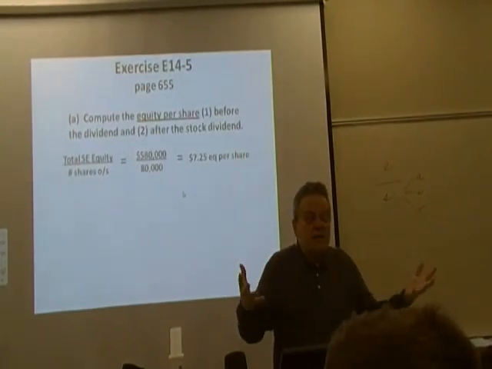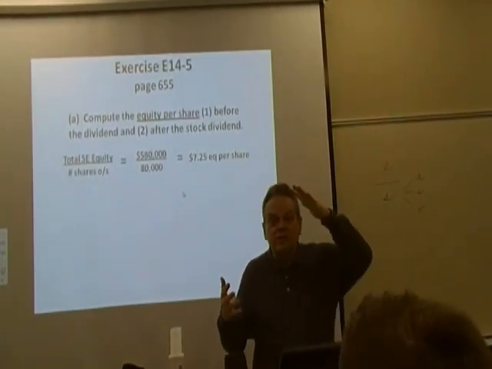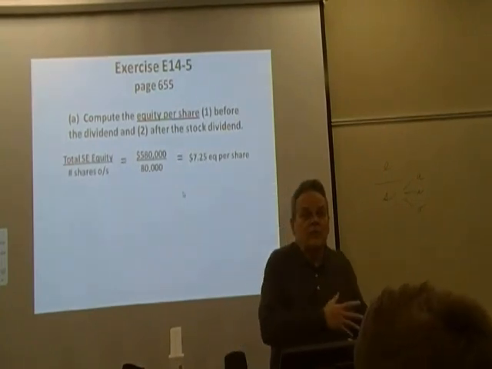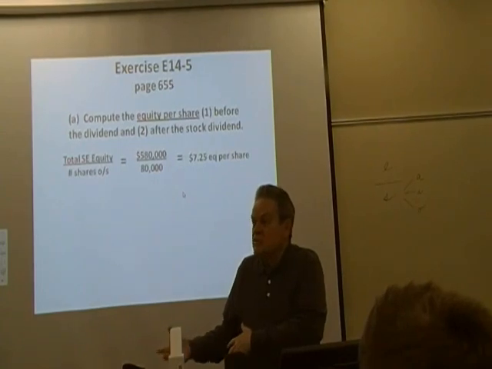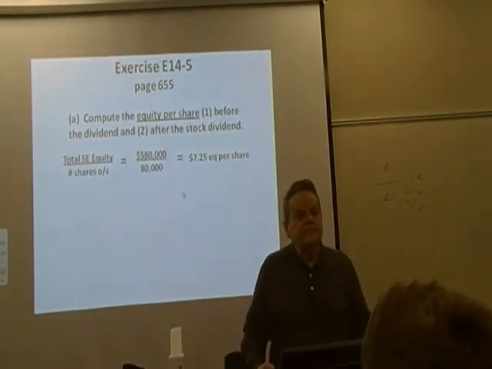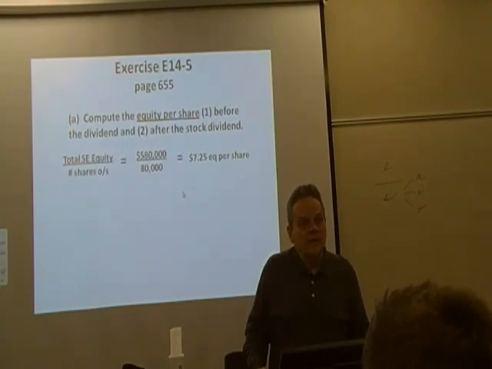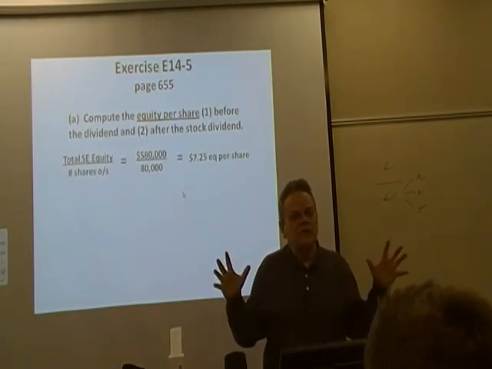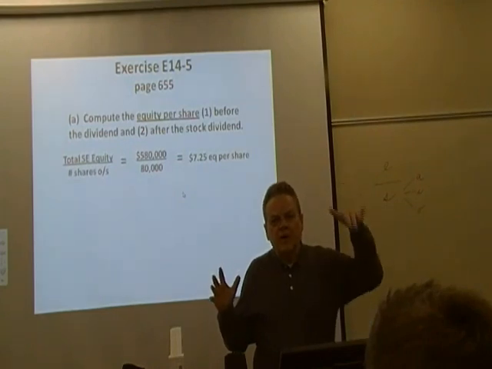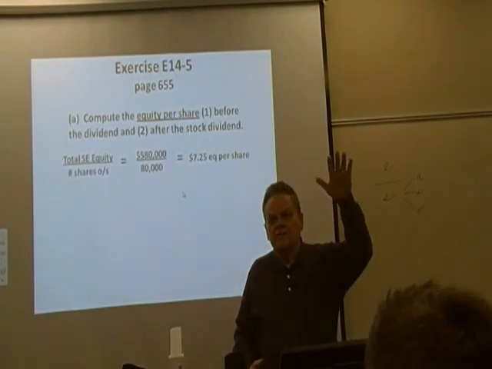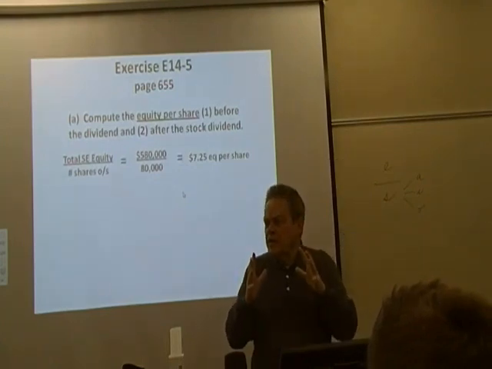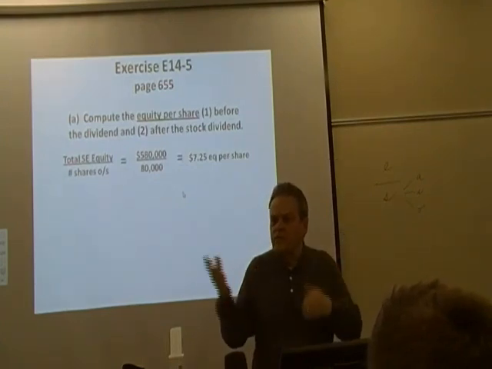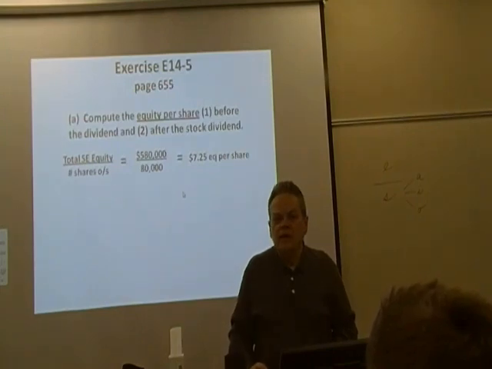The stability of the economy as a whole, whether the Fed raises or lowers the interest rate, the latest unemployment figures, whether there's an assassination attempt on the Pope, whether the hurricane hits New York and New Jersey. You're with me here? There are all sorts of extraneous events that cause market price of stock to go up and down. This is just one little thing that is a measurement and a comparative tool in business, equity per share.